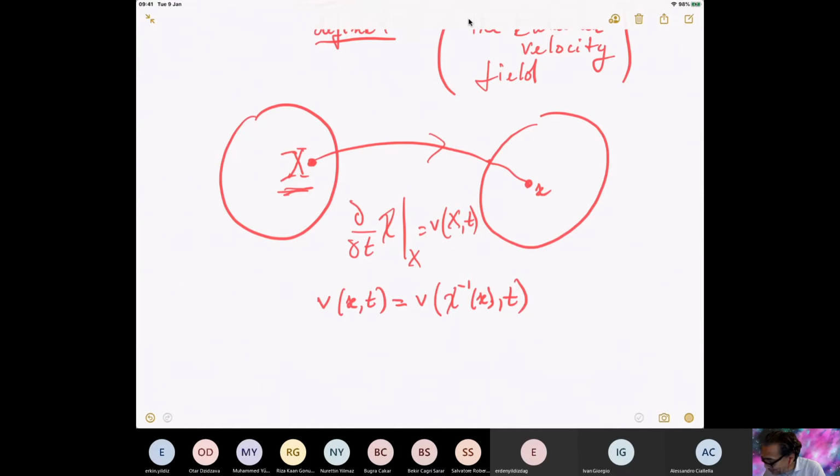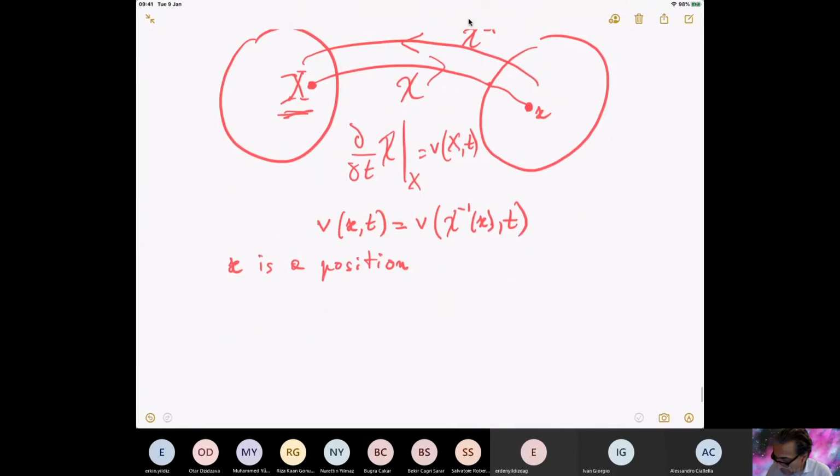So we take a position. Small x is a position. Then we can consider k minus 1, the inverse of placement. So we start with x, which is a position.